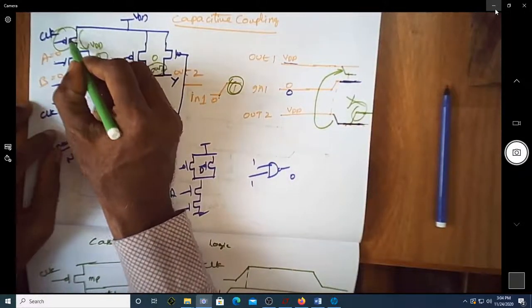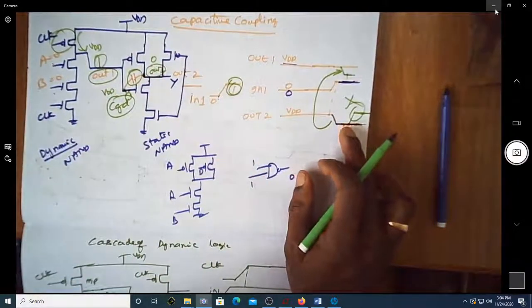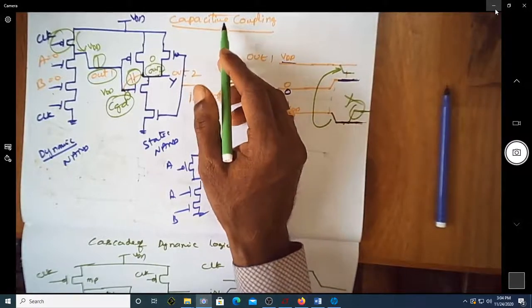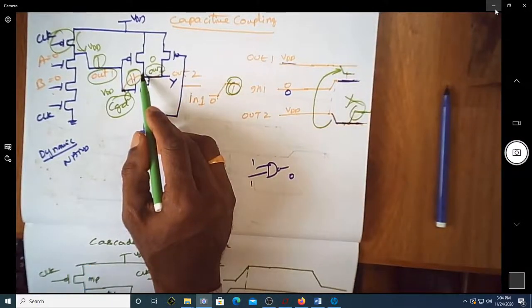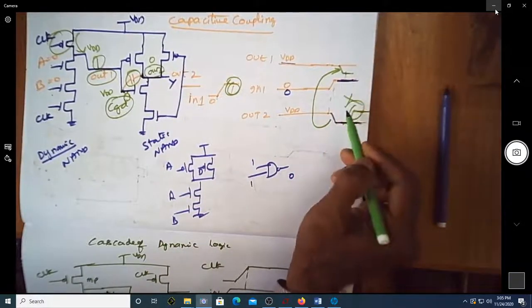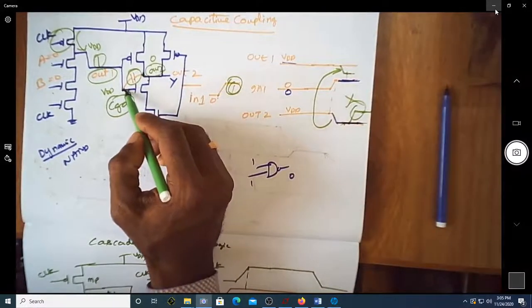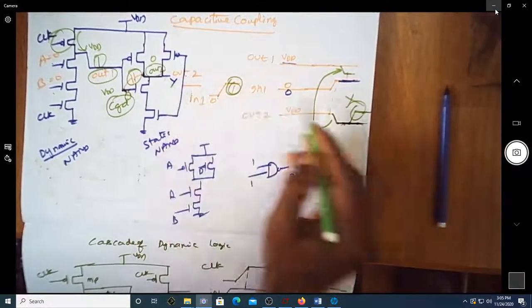Since we have this pull-up network at high impedance for a dynamic case, we are going to have these types of issues. So this is called capacitive coupling. Due to this capacitive coupling, this output voltage which is becoming low has been coupled to this input, which will make the output go high again.